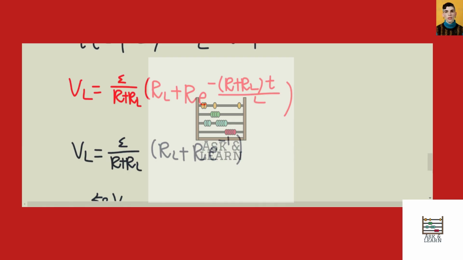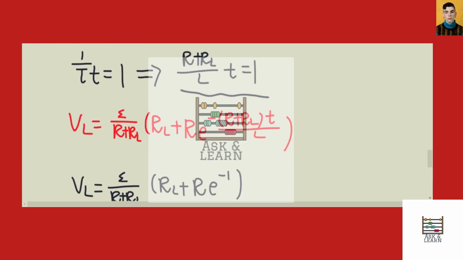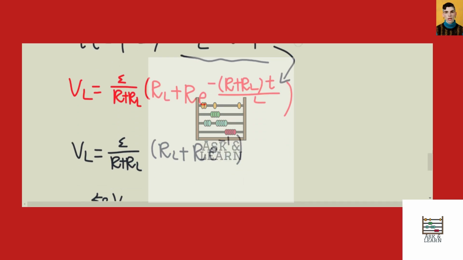This will give us VL is equal to EMF over (R plus RL) times (RL plus R times e to the power of negative 1), since (R plus RL) over L times t is equal to 1. Then we can substitute back into the equation here.